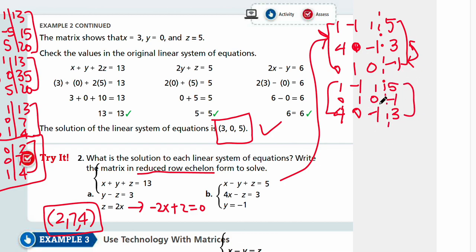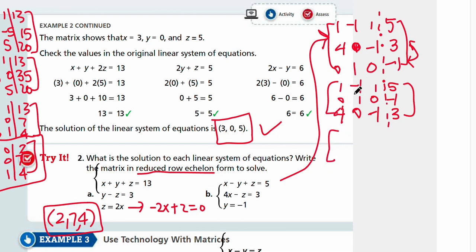Okay, and now that you have solved the second row already, you just need to solve for the first row and the third row, right? So for the first row, you can add the first row and the second row so that you can get rid of the second column in your first row.